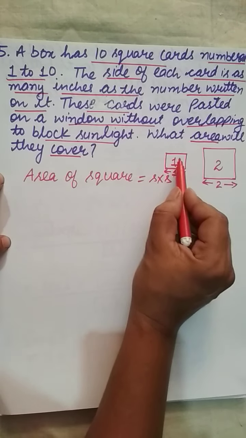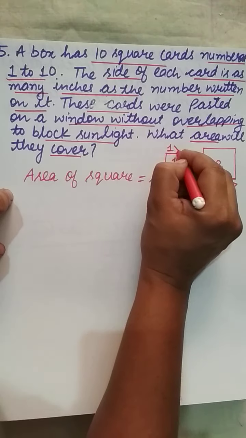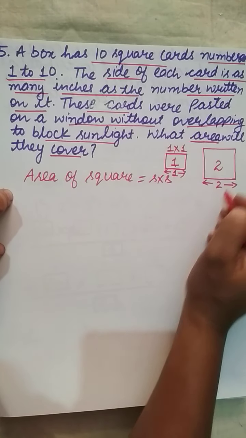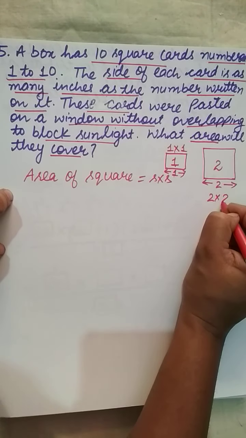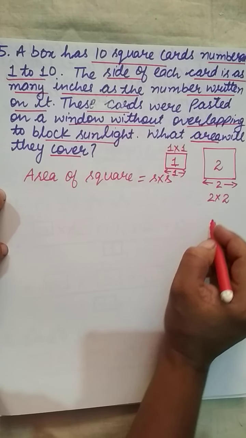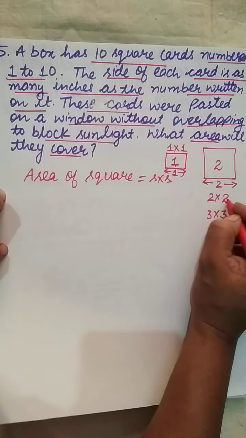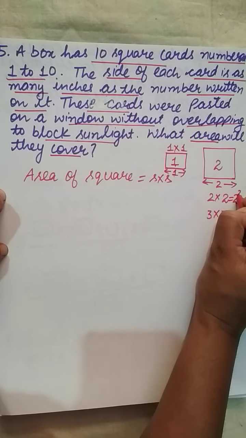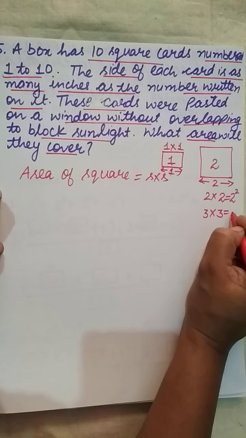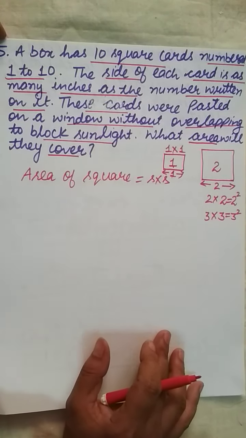For the number 1, the area will be 1 multiplied by 1. For this, the area will be 2 multiplied by 2. And the card which has number 3 written on it will have area 3 multiplied by 3. Or you can write it as square of 2, square of 3. In this way, the cards are from 1 to 10.